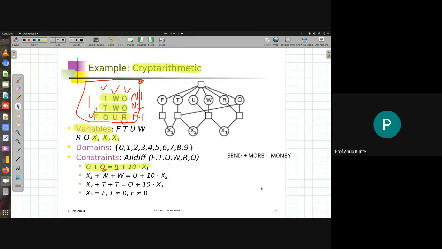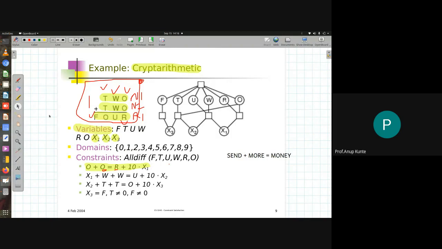They are in encrypted form. So I have two ciphers here in this instance, which are represented by three characters, T, W, and O. They are added. So the operation that I'm performing is addition, and the resultant is FOUR. So this is what the problem is.